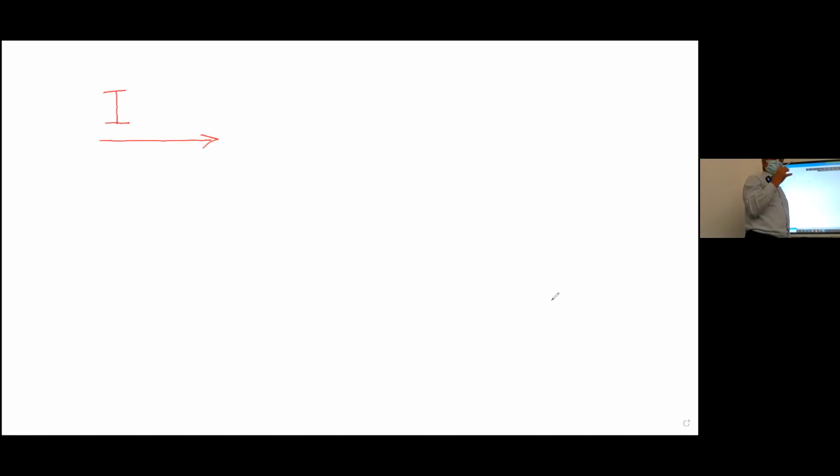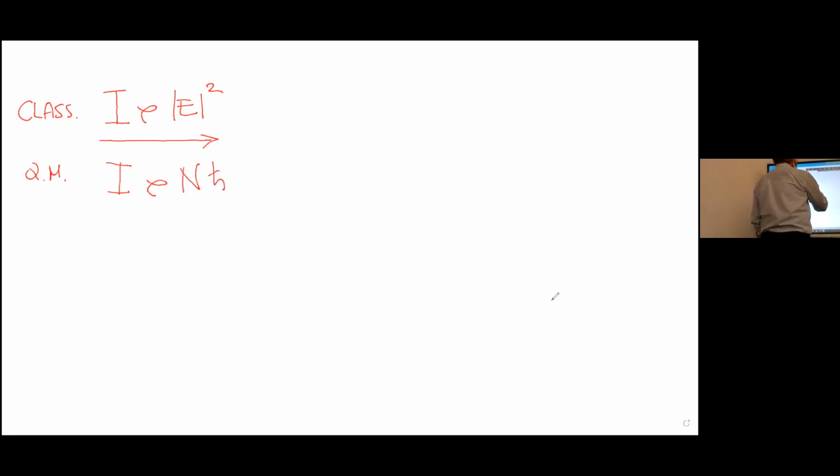Classically, the intensity, we said, is the square modulus of the field. But in quantum mechanics, what is the intensity? It is the number of photons per second times the energy of the photons.